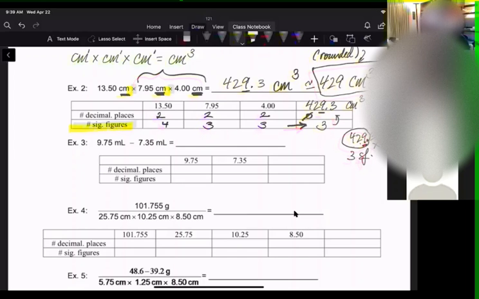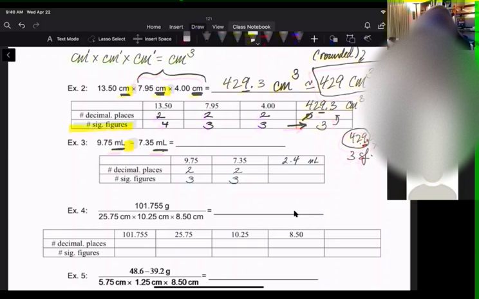In this next one, when we add and subtract, we have to have matching units. So notice on this one, we have milliliters minus milliliters. Okay, so go ahead and fill that out if you have not yet. And our calculator says 2 point something. Which one are we going to look at, decimal places or significant figures?